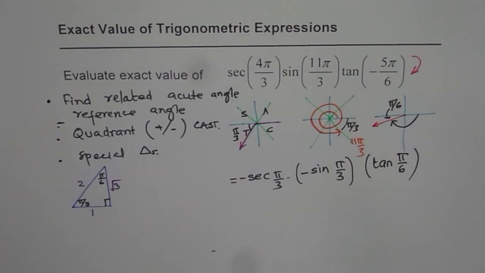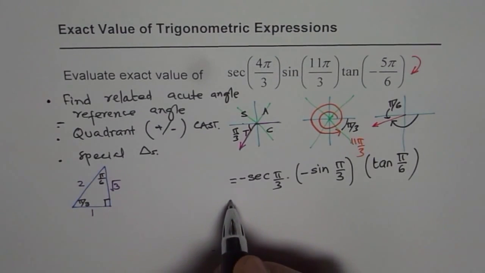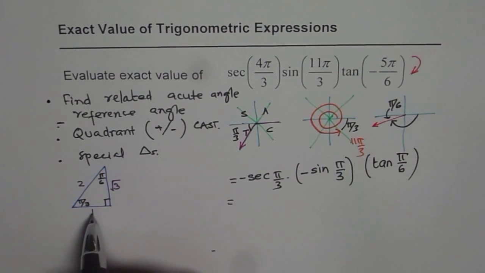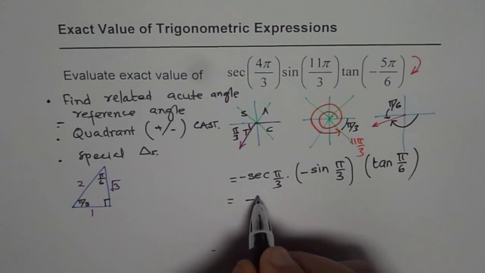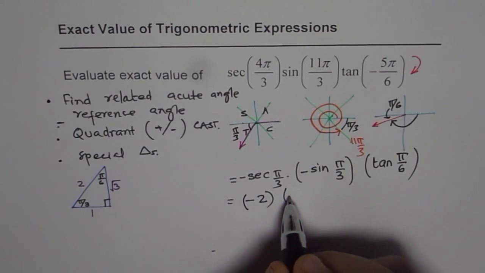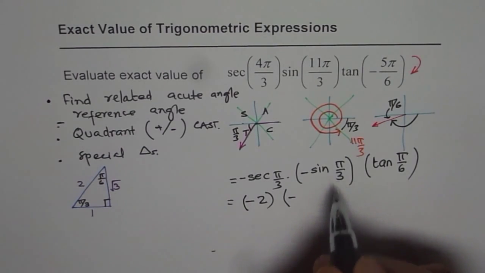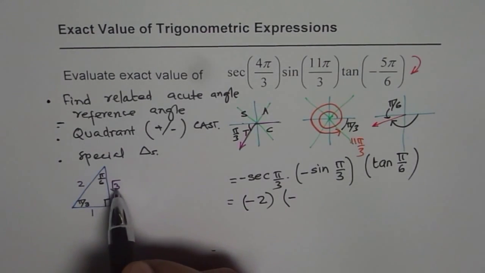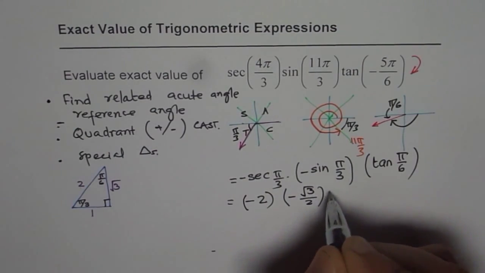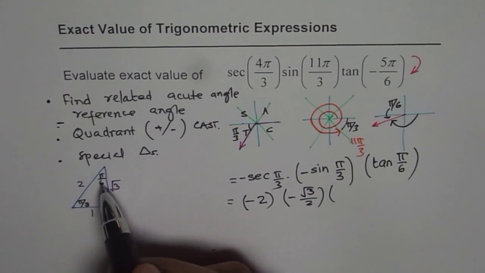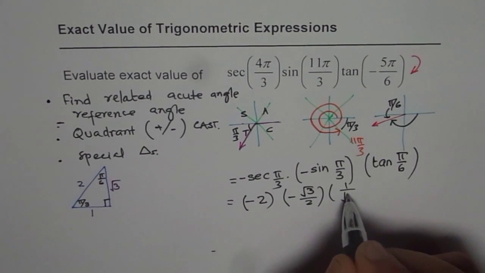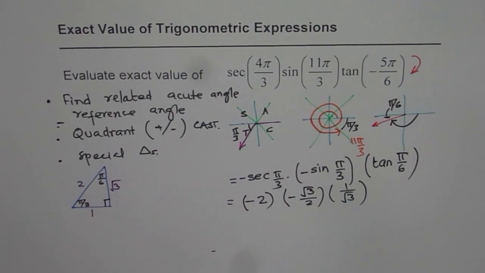Now from here we can write down the exact values. Secant is the reciprocal of cos pi by 3. The reciprocal of cos pi by 3 means 2 over 1, so we get minus 2. That is the first value. The second one is minus sine of pi by 3, which is opposite over hypotenuse, that means square root 3 over 2. And then we have tan of pi by 6. Looking from here, opposite is 1, adjacent is square root 3. So 1 over square root 3.